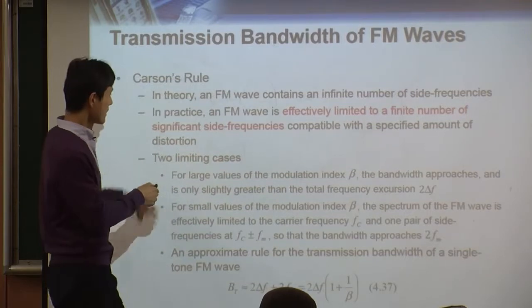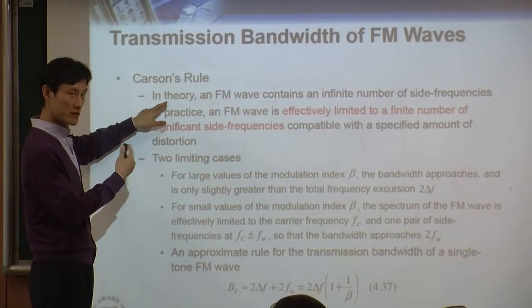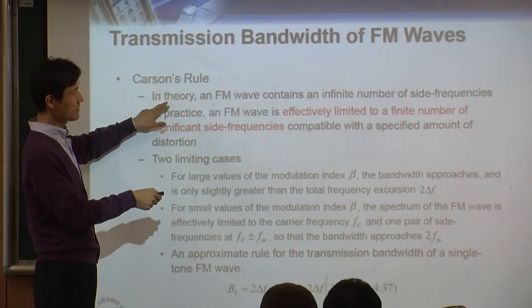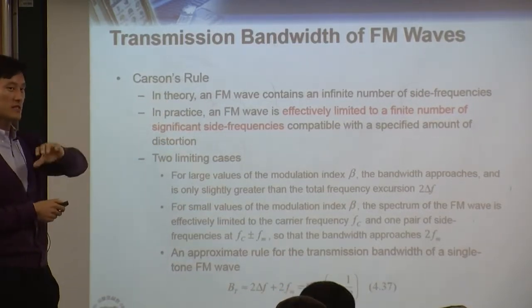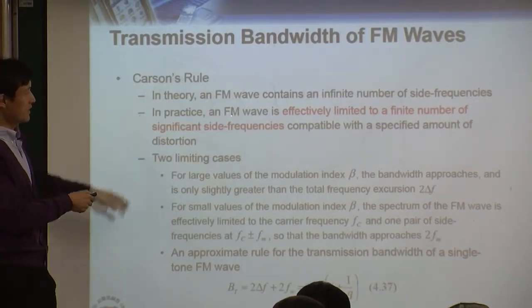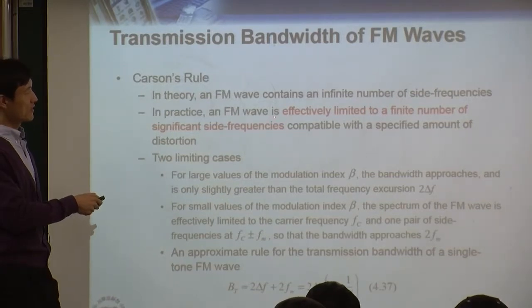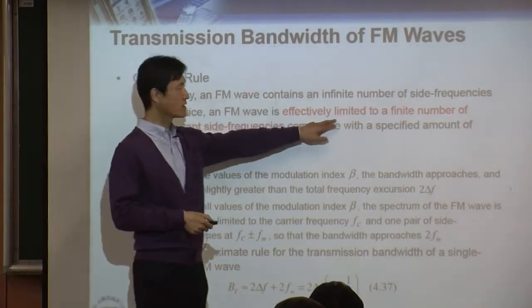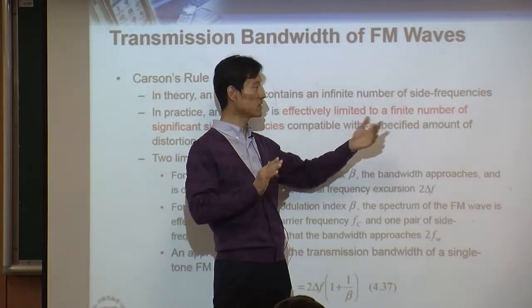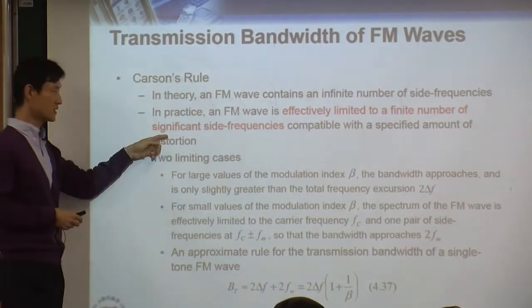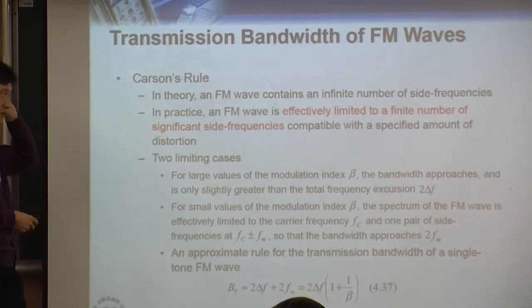So it says that in theory, FM has an infinite number of side frequencies, but in practical, actual systems, the FM wave is effectively limited to a certain finite number of side frequencies.